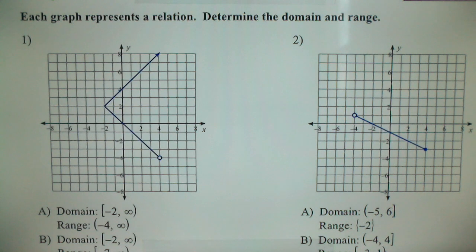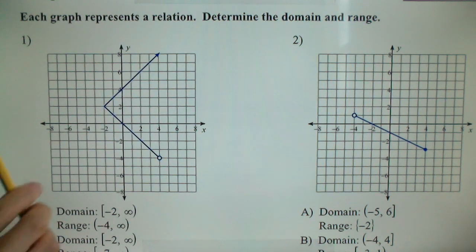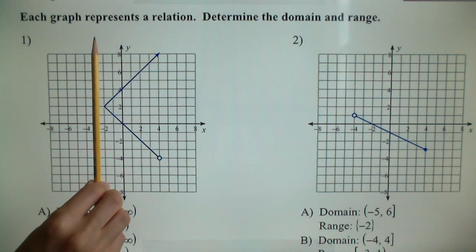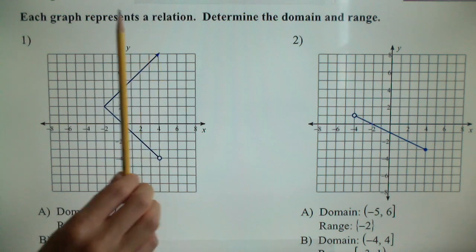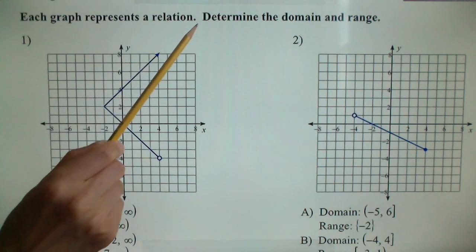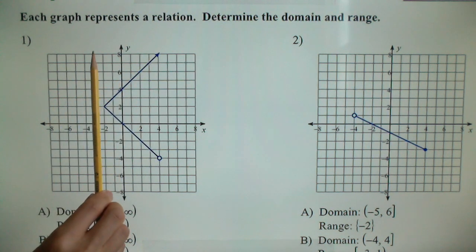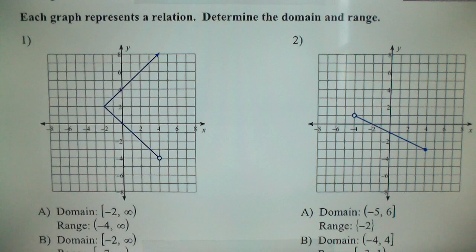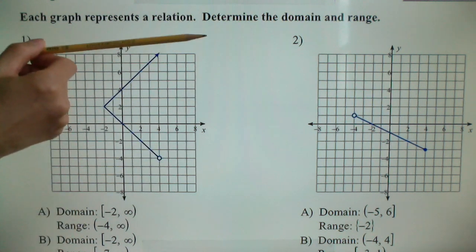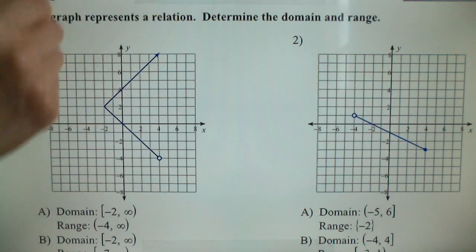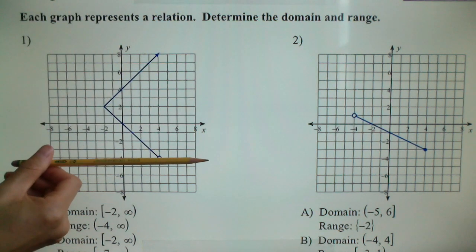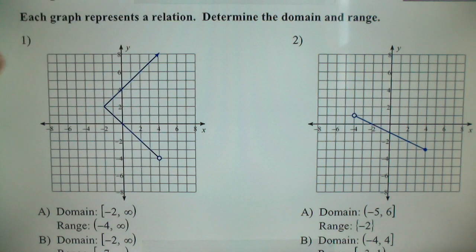Number 1, it says determine the domain and range. So when we think about the domain, from the x-axis way, left to right, the graph is going infinitely. So we'll go from -2 up to infinity. And the range is bottom to top. So the top is going infinitely. So -4 up to infinity.